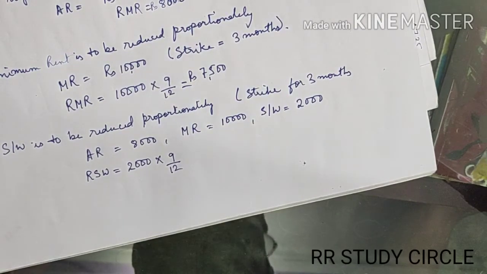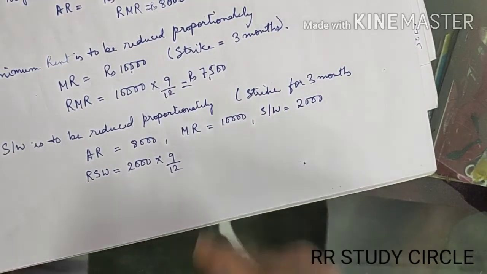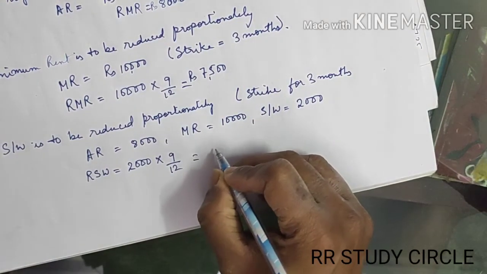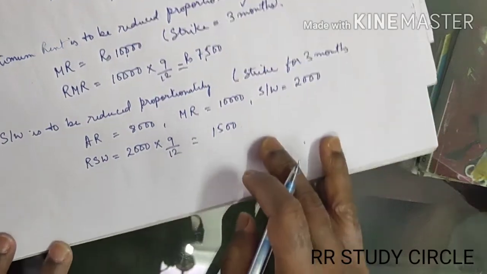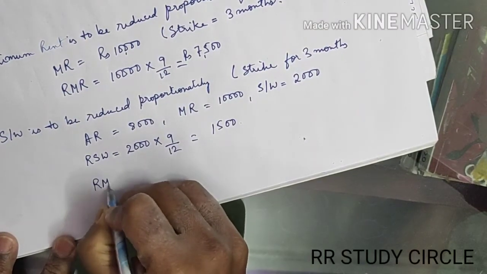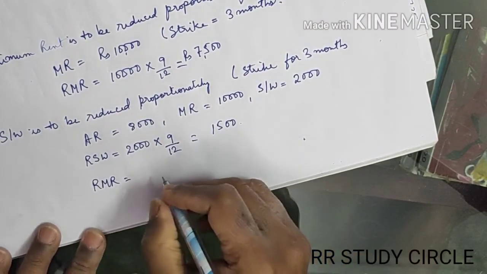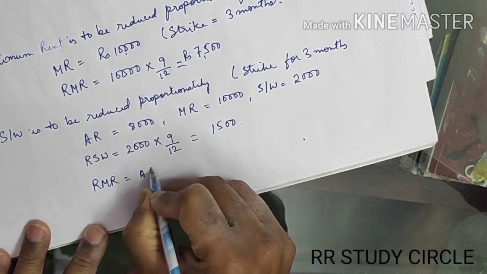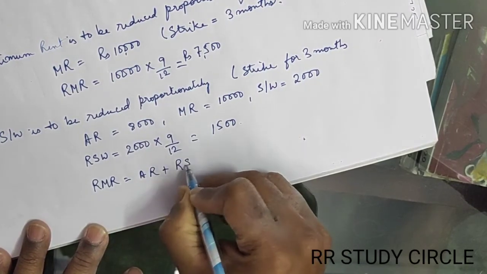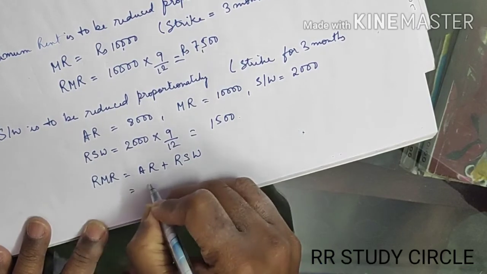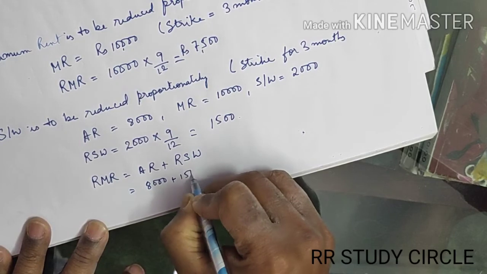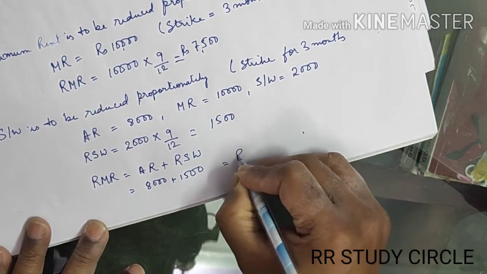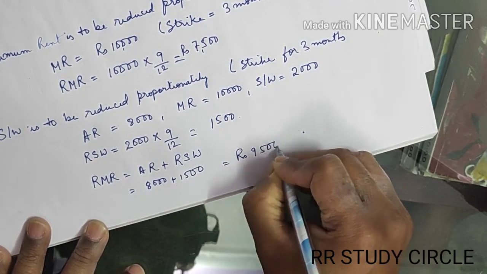So it comes to rupees 1,500. Now, the reduced minimum rent will be actual royalty plus reduced short working, that is 8,000 plus 1,500, which comes to rupees 9,500.